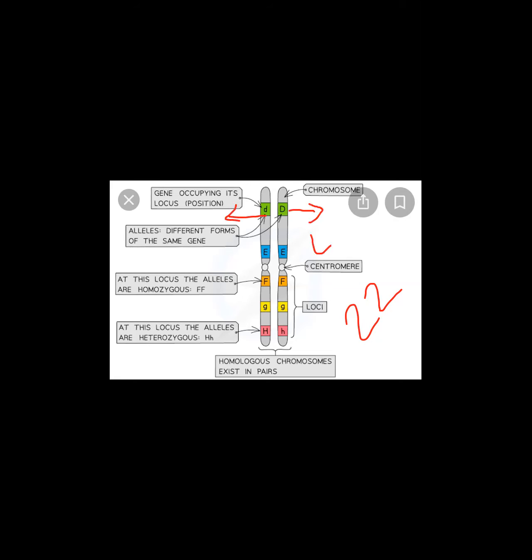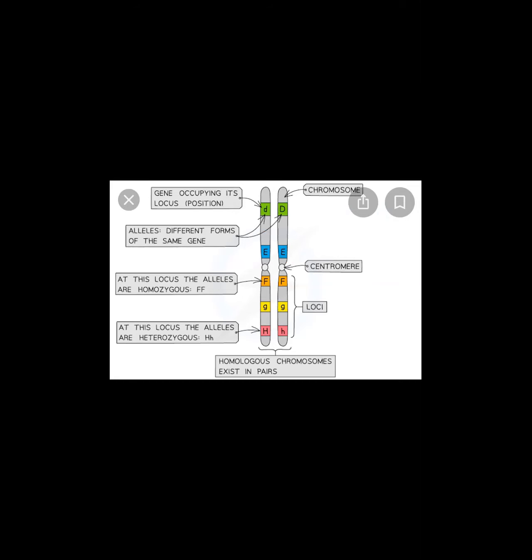This is called loci. So in the picture, you can see there is an E and E. These two genes are homologous, that means they are similar genes. Their strength is similar, their expression is similar.